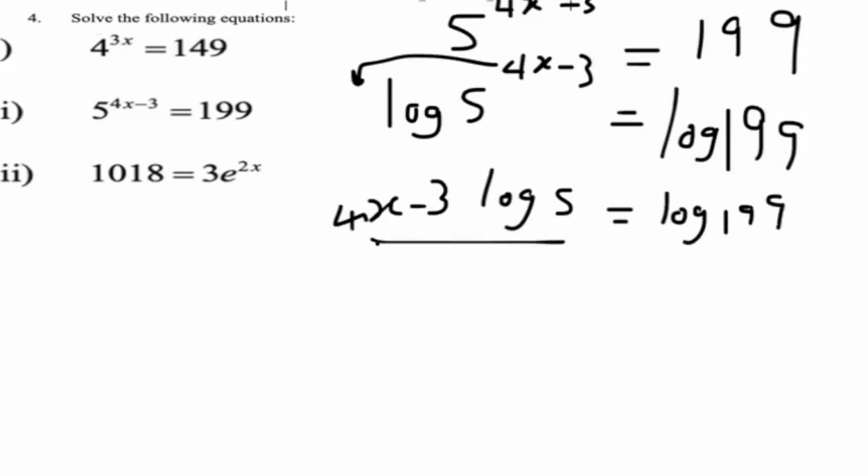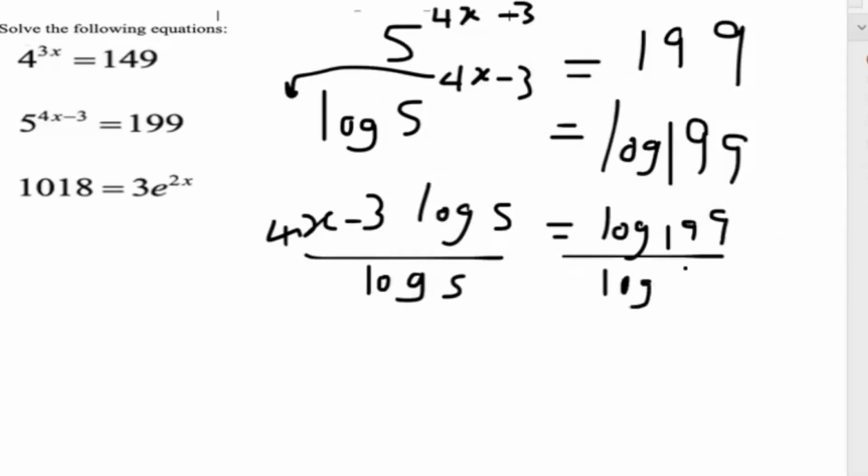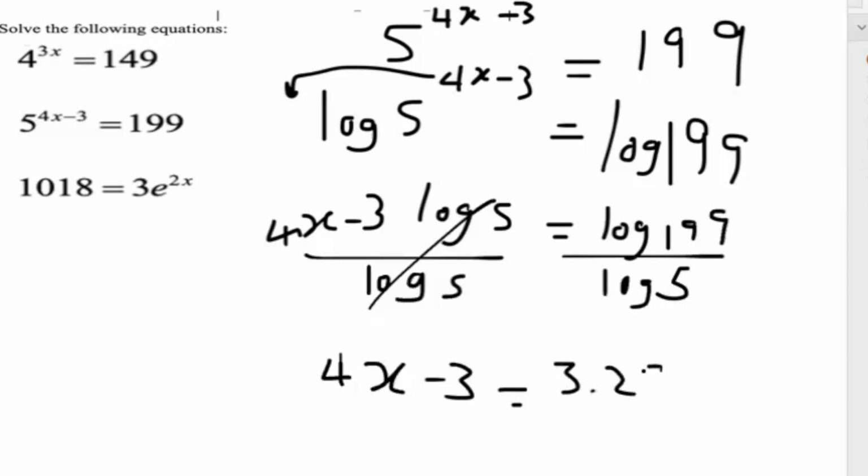Then divide both sides by log 5. When I divide both sides by log 5, this cancels, so you have 4x minus 3 equal, once again, you have to put in your calculator log 199 divided by log 5. So my answer would be, rounded off to 2 decimal places, 3.29.